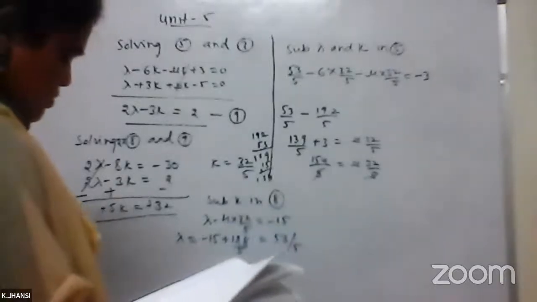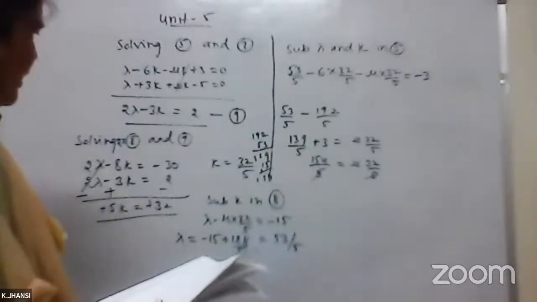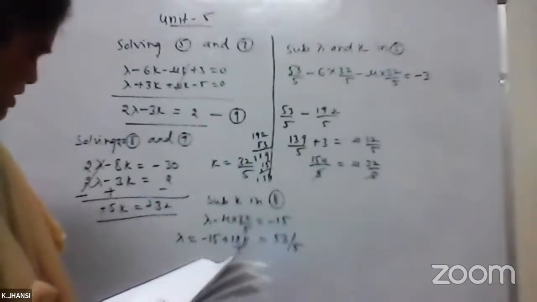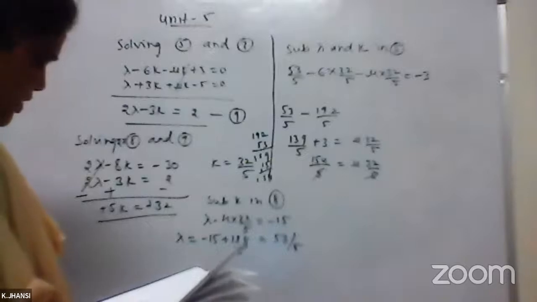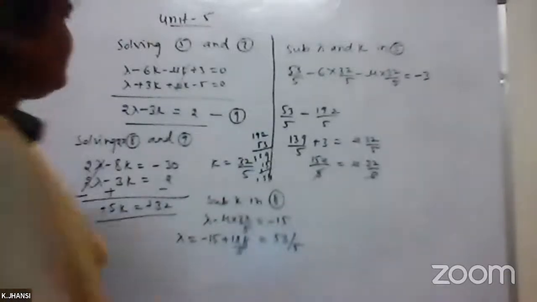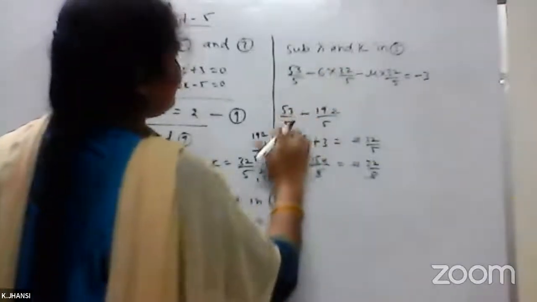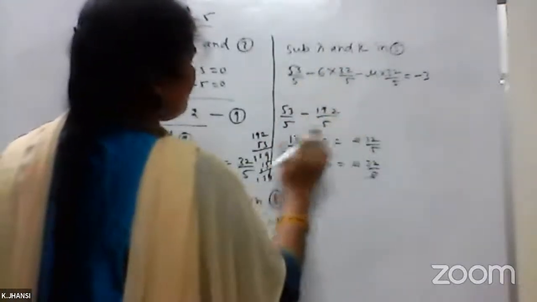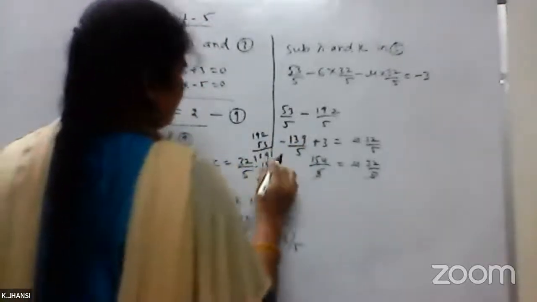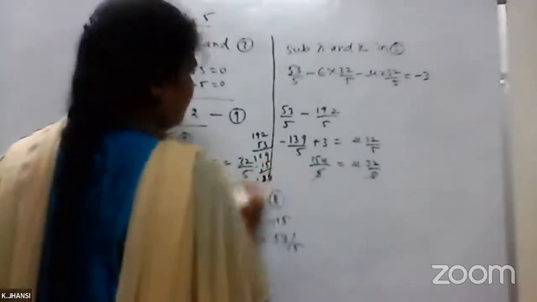Into 32 minus 139 by 5 plus 3. We have 53 by 5. Okay, mu 31 by 8 will get. So 53 by 5, 192 by 5. So it is negative, no? Okay, minus 15. So minus 15 means 124 you will get.